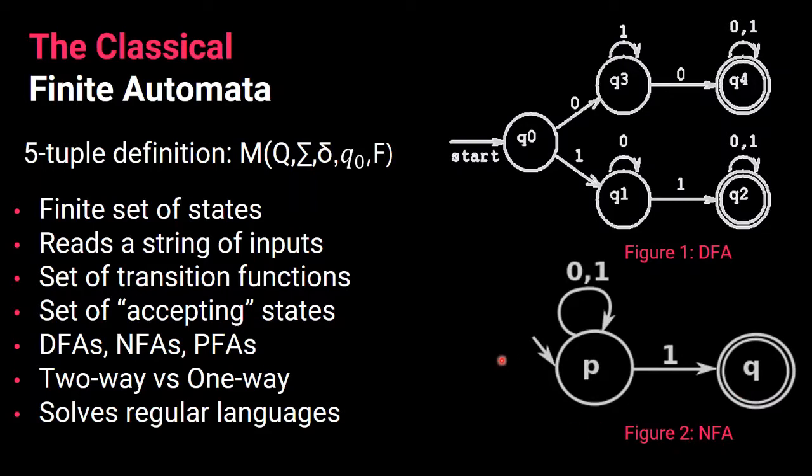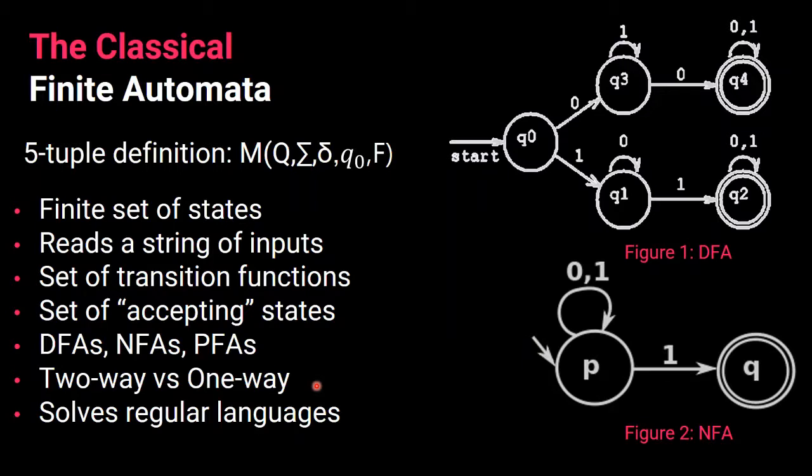And finally, a probabilistic finite automata is a non-deterministic finite automata, an NFA, with probabilistic state transitions. And these need to add up to 1. And as we'll see, a PFA is the QFA's closest classical relative. One distinguishing characteristic that is seen in both classical and QFAs is the ability to read an input tape either one way or two ways.